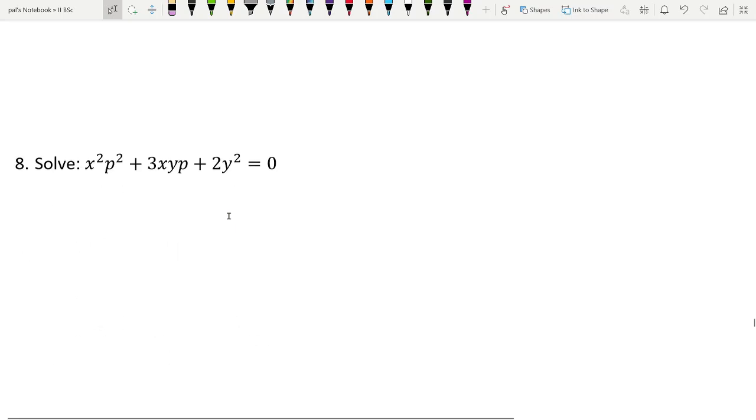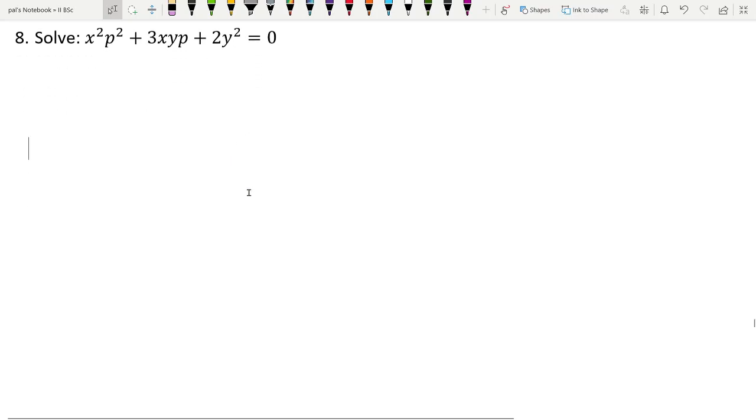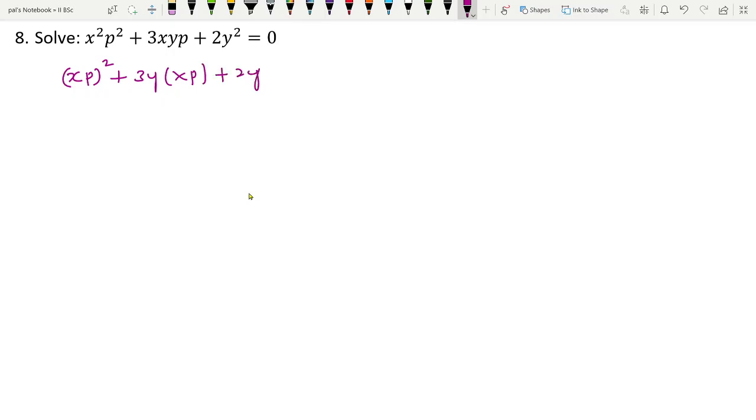This first one: x square p square plus 3xyp plus 2y square is equal to 0. You write this as (xp) whole square plus 3y into xp plus 2y square is equal to 0.